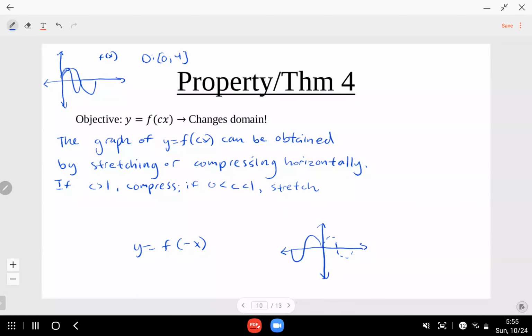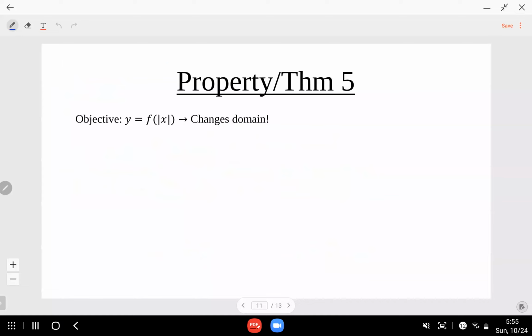Our next theorem here will be absolute value. It seems we have enough time to do one more. If you get theorem 5, you'll probably get theorem 6 because they're kind of interconnected, I mean, absolute value.